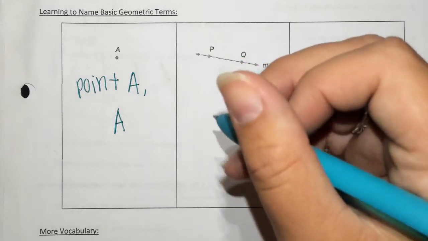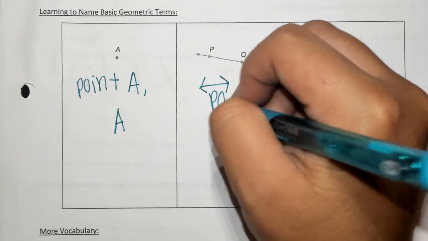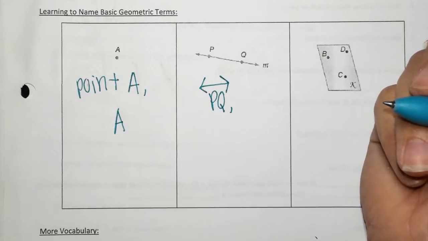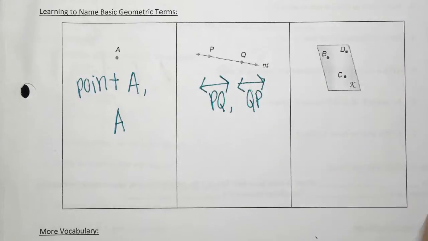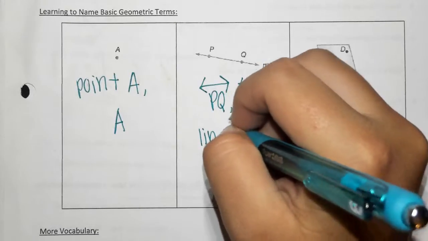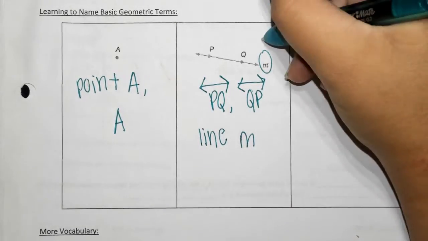Line PQ. Using your symbols. Couldn't I also flip that and say QP? Yes. Ashanti, what's another way? Very good. Line M. Remember, M is not a point. It's just the name of the line.